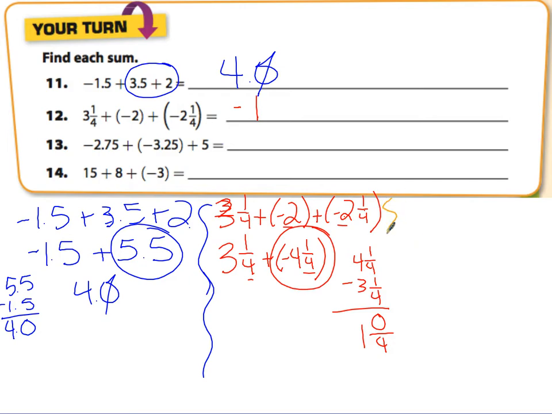All right, so then number 13, I have negative 2.75 plus negative 3.25 plus 5.